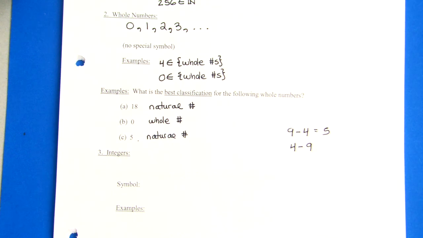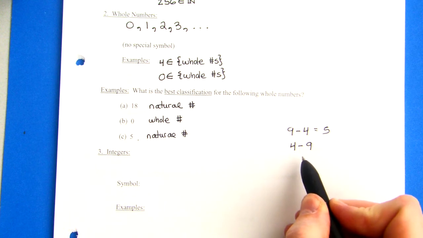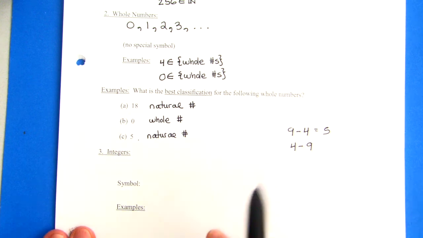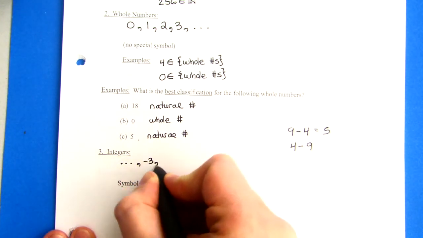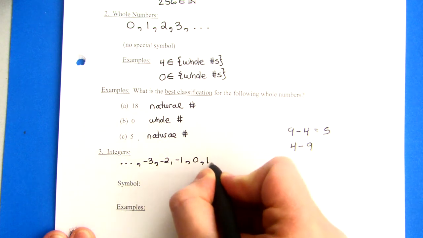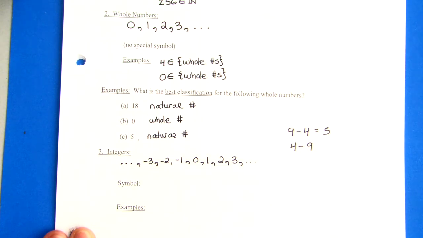This is also sort of the story of our number systems. Once we run into a mathematical problem involving just the numbers we have, we're going to make our number system a little bit bigger to allow for problems like this. We need a number system that includes negative numbers, and these are going to be the integers. Our integers are numbers like -3, -2, -1, 0, 1, 2, 3, and so on.